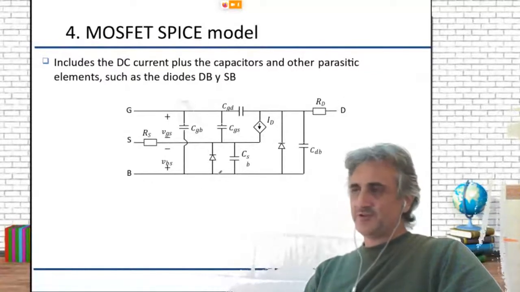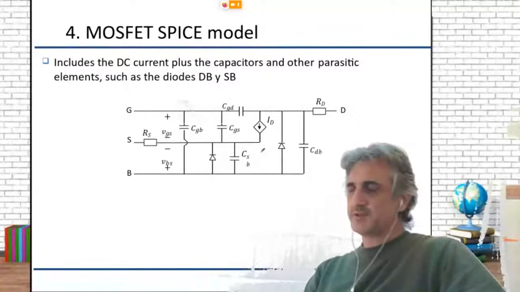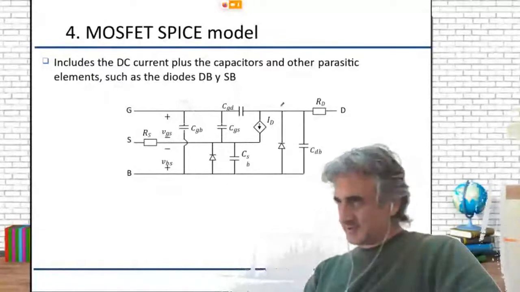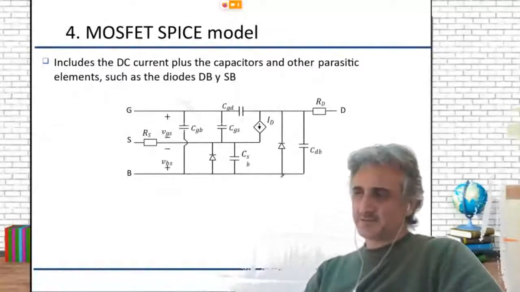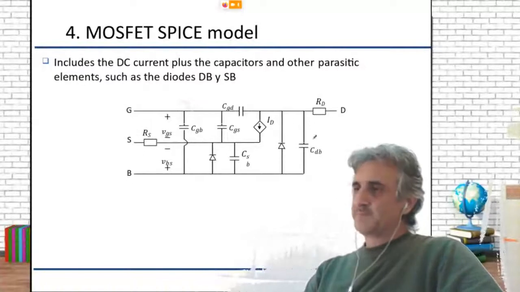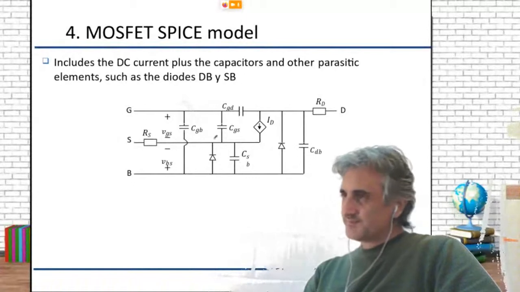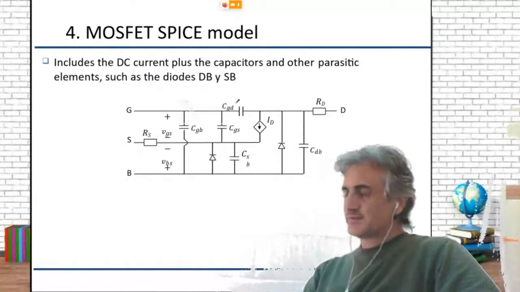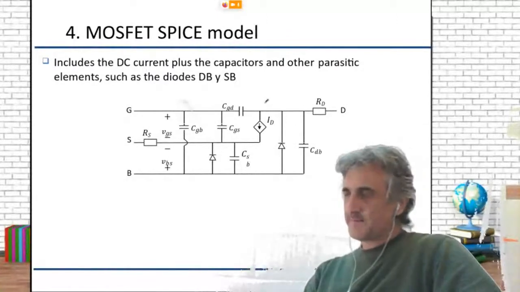They are diodes, which are usually in reverse between the source and the bulk, and the drain and the bulk. Junctions. We also have some capacitances here, and also capacitances between the gate and everything else.